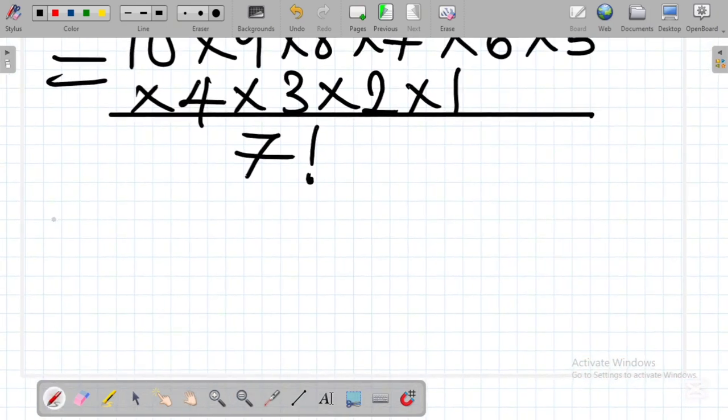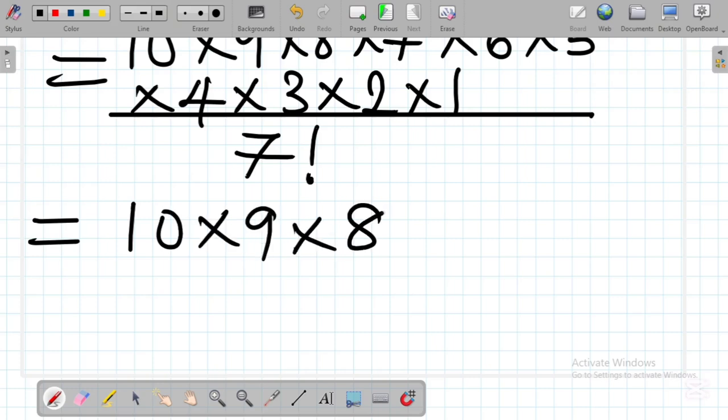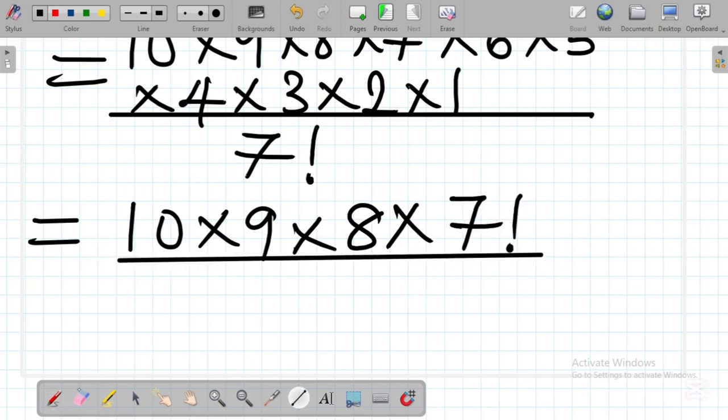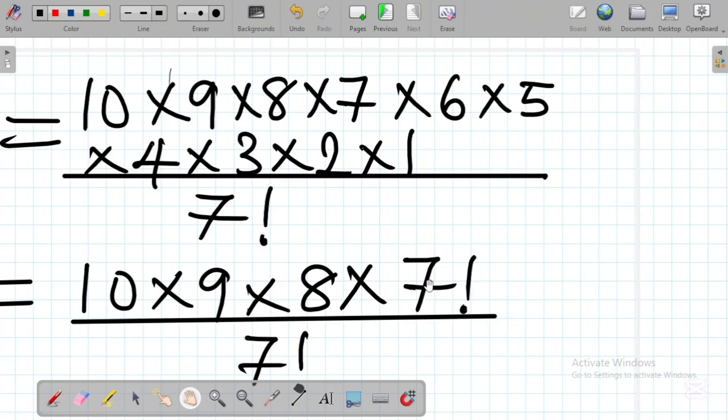So now let's rewrite this. So we have 10 multiplied by 9 multiplied by 8 and then multiplied by 7 factorial all over 7 factorial. Remember, 7 factorial is the same thing as 7 multiplied by 6 multiplied by 5 multiplied by 4 multiplied by 3 multiplied by 2 and then multiplied by 1.